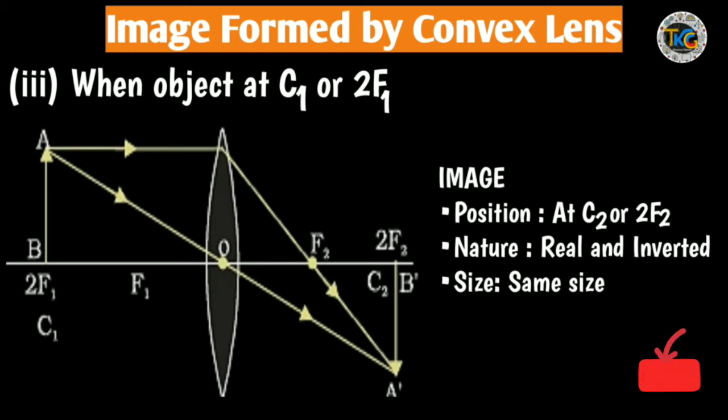And what is the nature? Here the nature is also the same, real rays meet, so it is real, and AB is upright while a dash b dash is downward, so this is inverted. So the nature is real, inverted and the size is the same as that of the object.